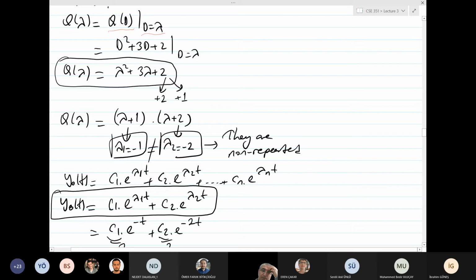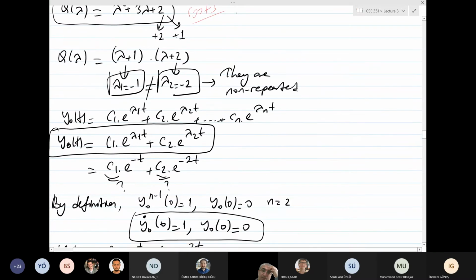The second step, we need to find the roots, right? Roots, in this case, are minus 2 and minus 1. So that means the polynomial factors as lambda plus 1 times lambda plus 2. And lambda 1 is equal to minus 1 and lambda 2 is equal to minus 2. Since they are not equal, these roots are non-repeated.